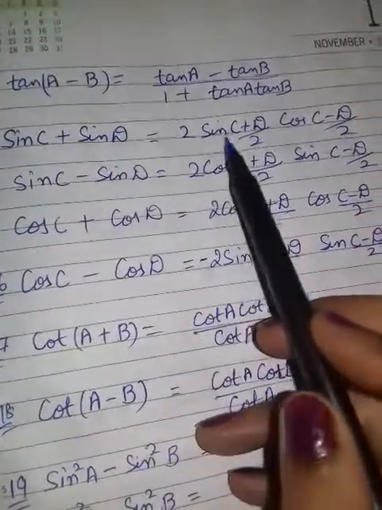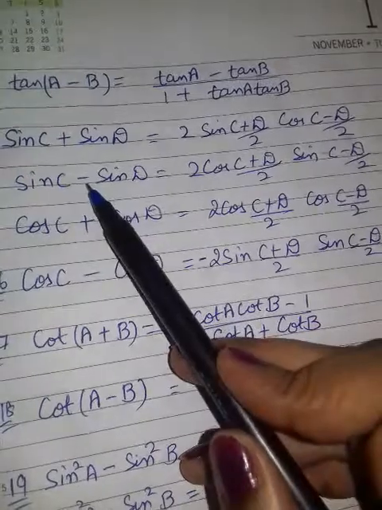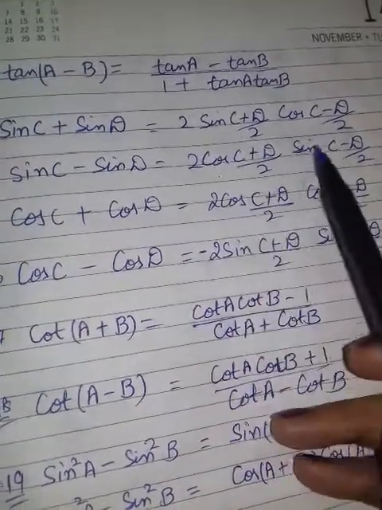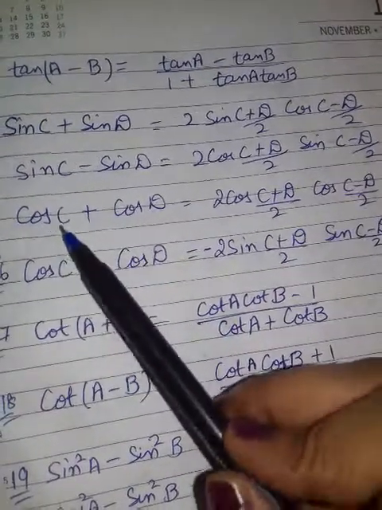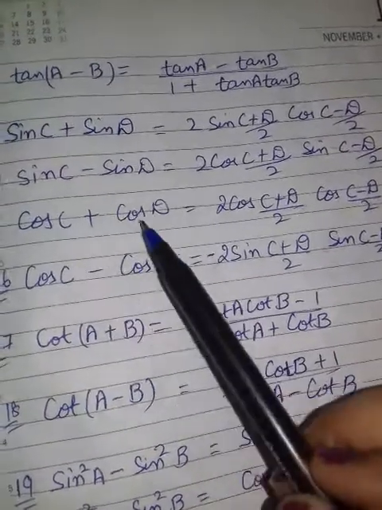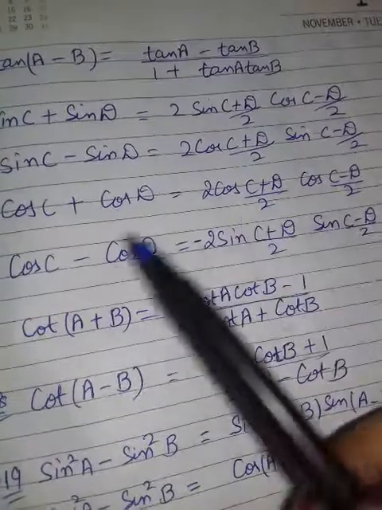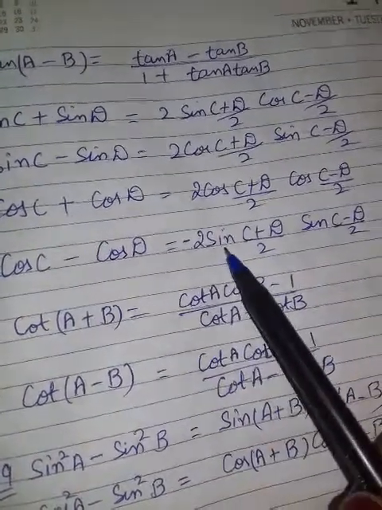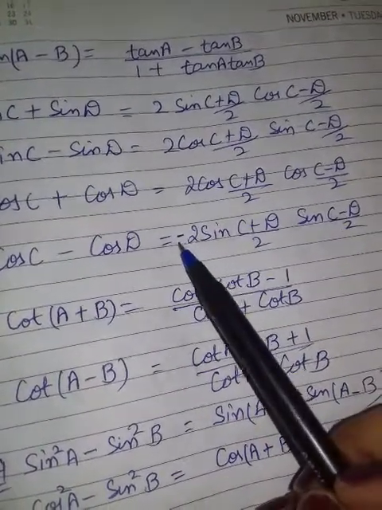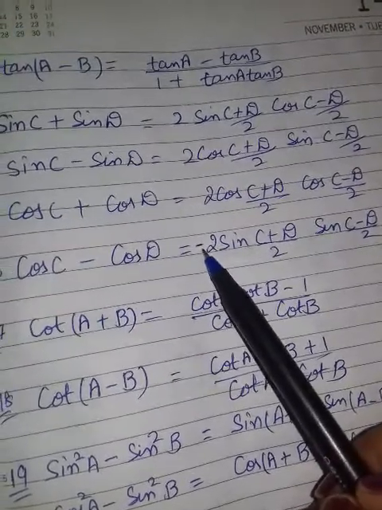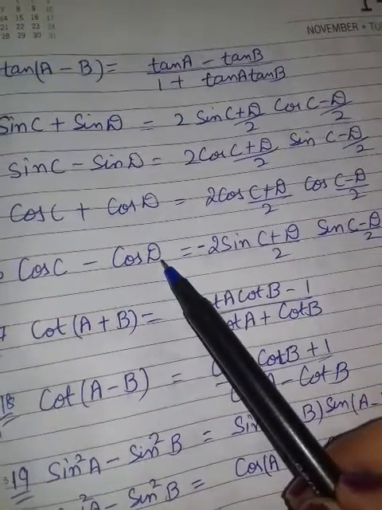In sine, first sine, then cos, and in negative, cos before and sine after. But in cos, whenever cos is coming in positive, then both will be cos. And in negative, both times sine will come, but the negative sign will be there. So easy to remember. Clear?